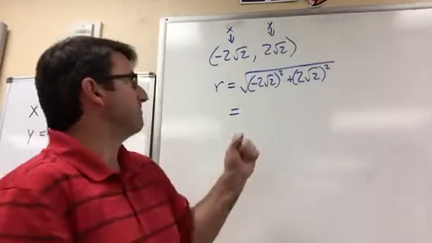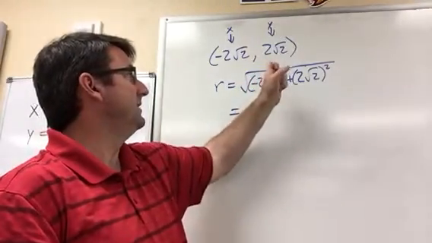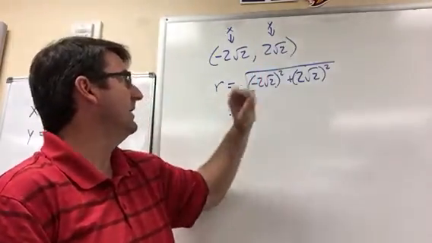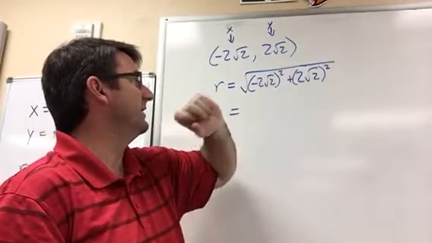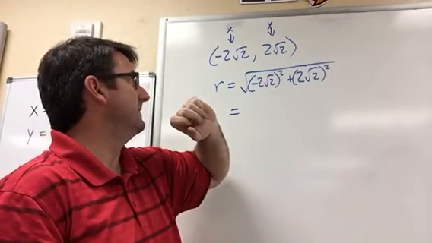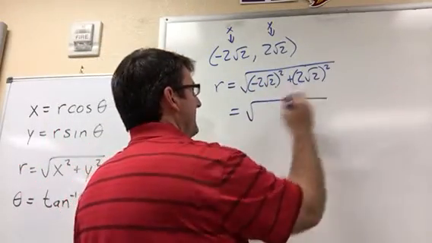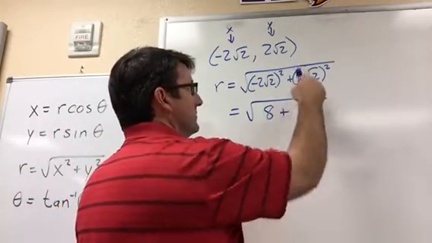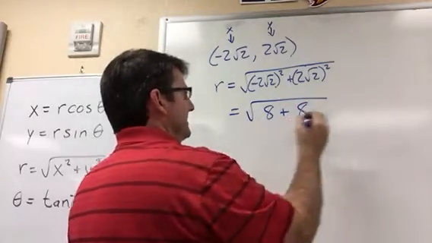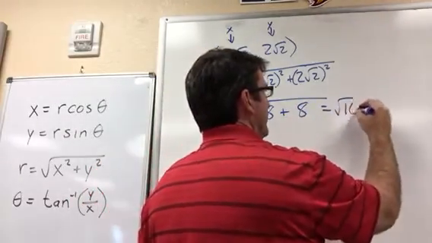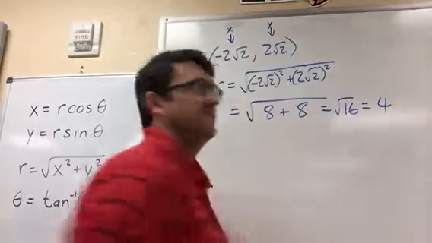All right, negative 2 squared is 4. Square root of 2 squared is 2, and 4 times 2 is 8. So this is 8. This one will also be 8. So this is the square root of 16, which is 4.